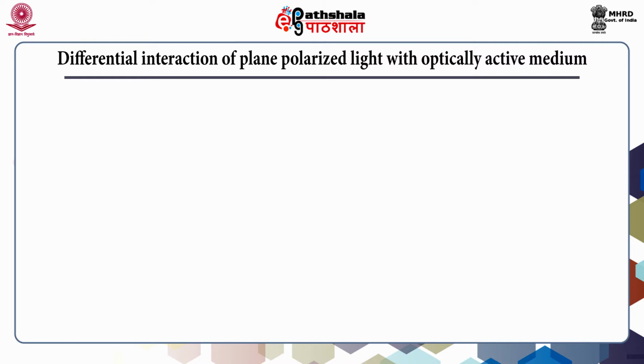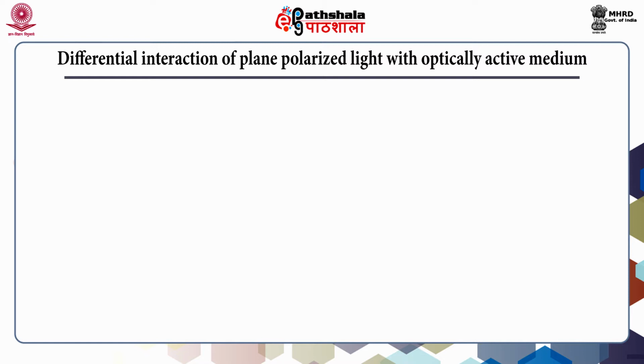The rotation direction depends upon which particular component is affected to a greater extent. Affected means that one component experiences a greater refractive index than the other one, which leads to slowing down of the velocity of that particular component.